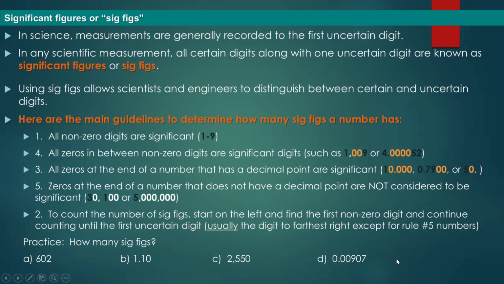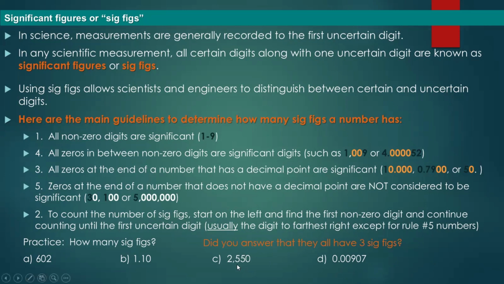So do you know the answers to C and D? Pause and answer them all. Are you ready? So all 4 of them have 3 significant figures.